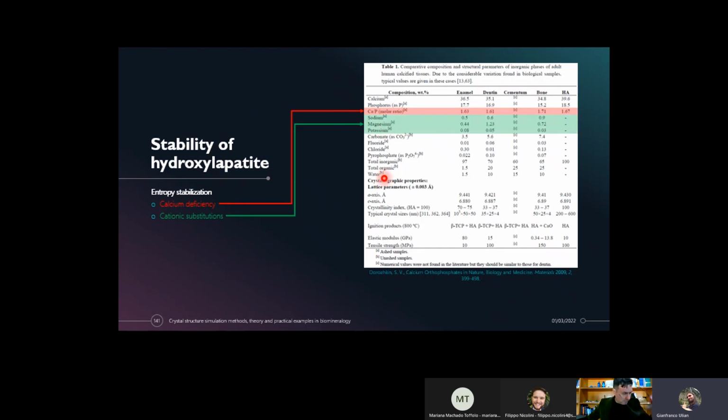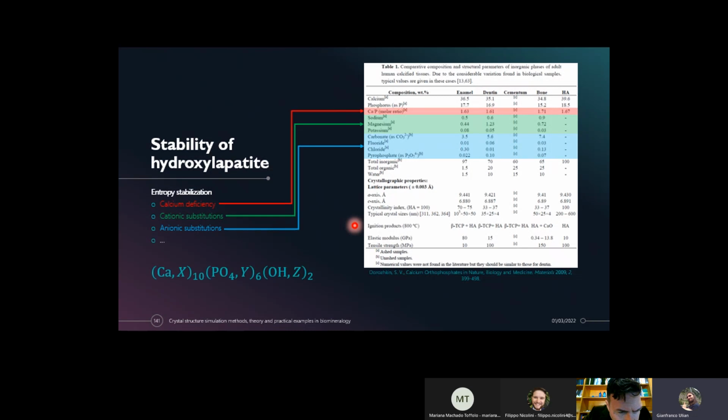There are cationic substitutions, cations substituting the calcium ions, or anionic substitutions, the most important one being the carbonate ion. Biological apatite actually has this formula here, where you can see that several substitutions occur at different sites for calcium, phosphate, and hydroxyl.